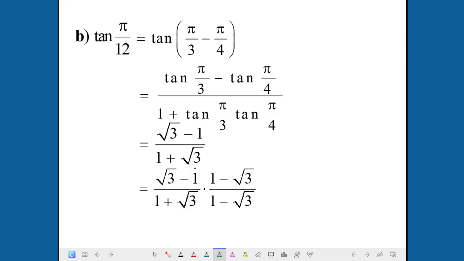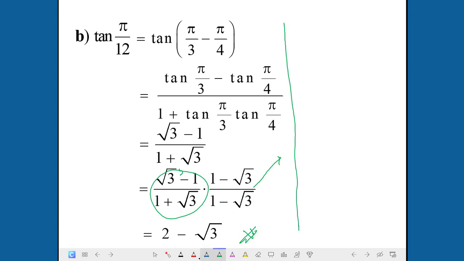Just now, this answer is considered not complete. Multiply by its conjugate, 1 minus root 3. The final answer is, okay, how to get this one? This one times this.